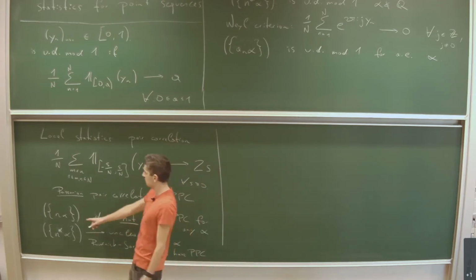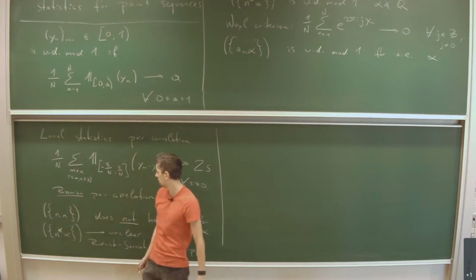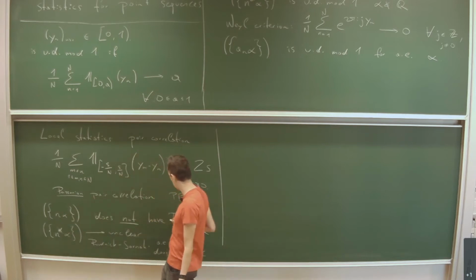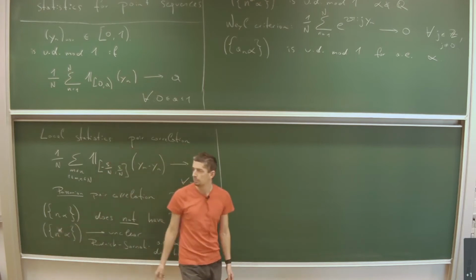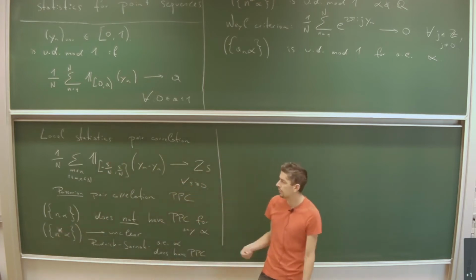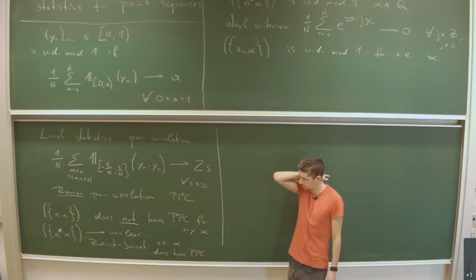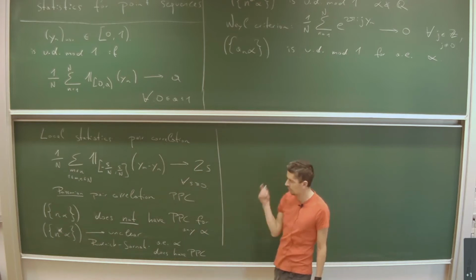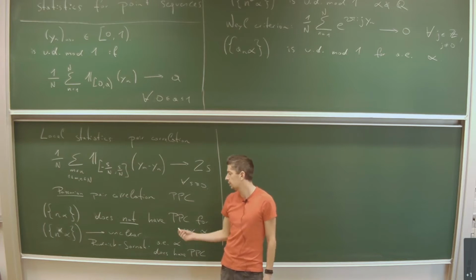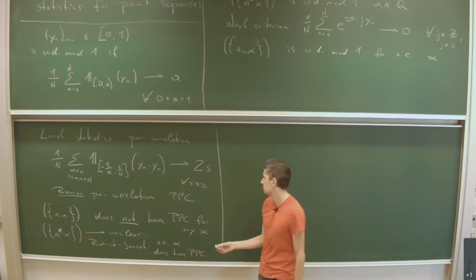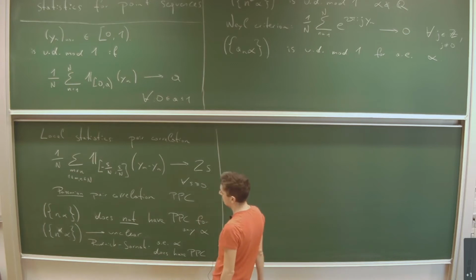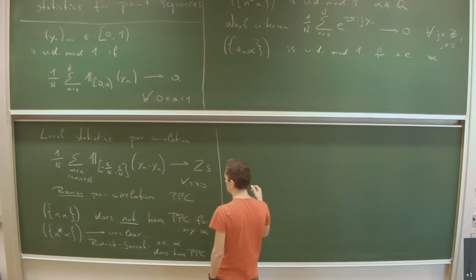If we start with this sequence, we don't have Poissonian pair correlation for almost all, or actually for any alpha, but if we start with this one, with exponent d bigger than 2, then we do have it for almost all alpha. So obviously some arithmetic property of the sequence a_n must play a role here. And it turns out that this sort of thing is very strongly controlled by what is called the additive energy.